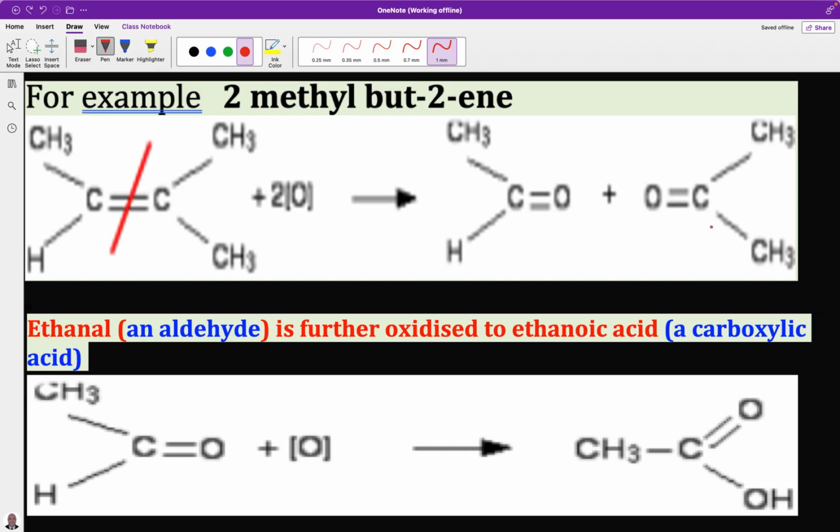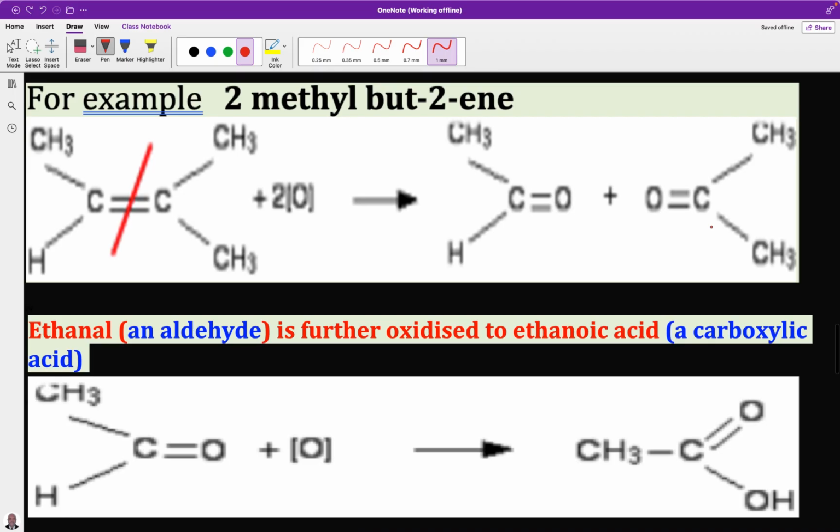Now we go to the last condition. The last condition is if there are two hydrogens at one end of the bond.